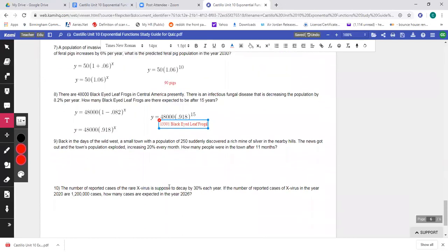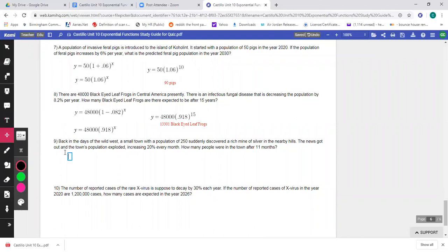And so number 9 and number 10 are exactly like number 7 and number 8. For number 9, you would write your equation. So there's a Wild Wild West small town with a population of 250. So we start with 250. And then the population of the town exploded. It increases by 20% per month. Remember, if you move that decimal 2 times to the left, this becomes 0.20 now, right?